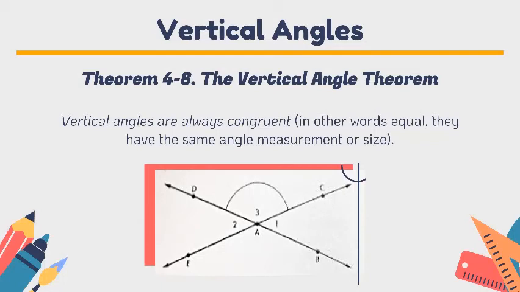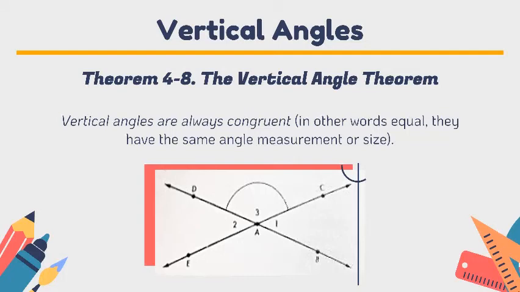To prove it, we have given that angle 1 and angle 2 are vertical angles. That is, ray AC and ray AE are opposite rays, and ray AB and ray AD are opposite rays. Therefore, angle 1 and angle 3 form a linear pair, and angle 2 and angle 3 form a linear pair.